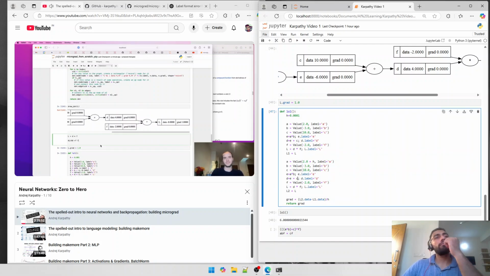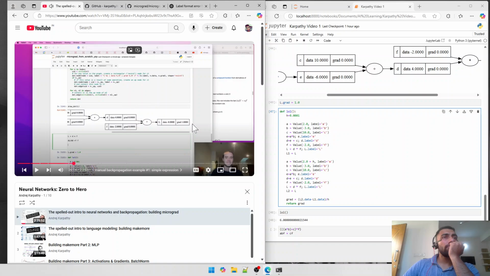It would be F. And if you don't believe me, we can also just derive it, because the proof would be fairly straightforward. We go to the definition of the derivative, and in the limit of h going to 0 we just get dL by dD, which is F, and the value of F is -2. So we'll set those.